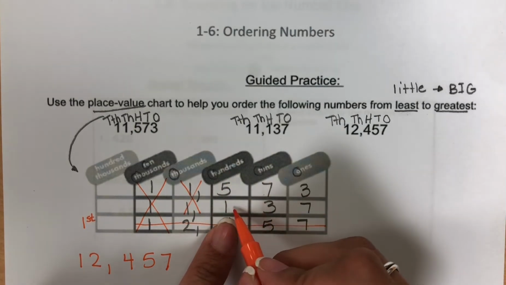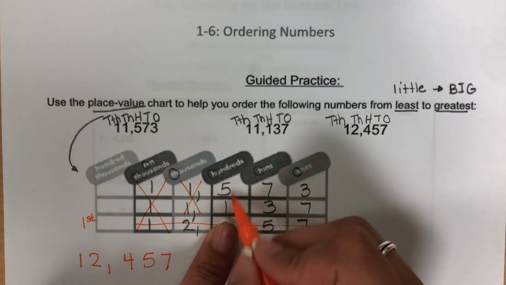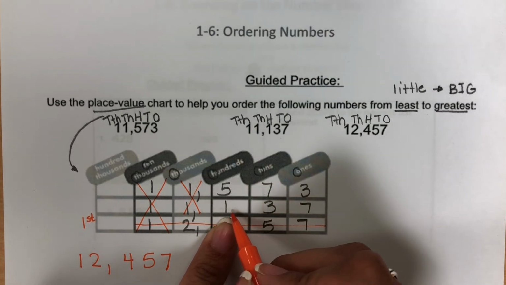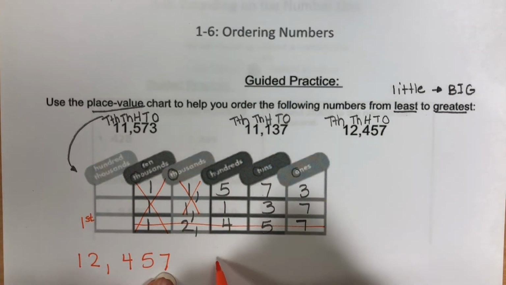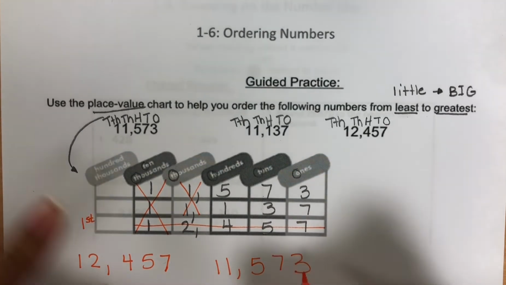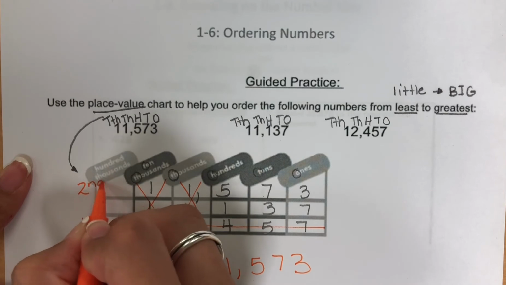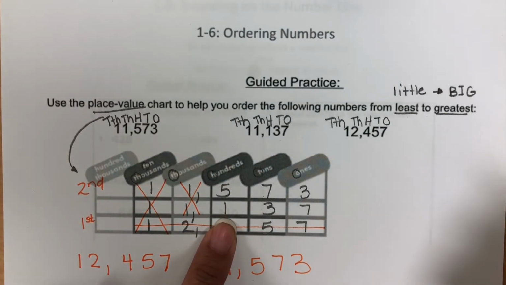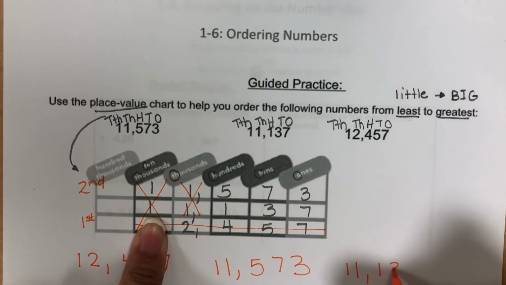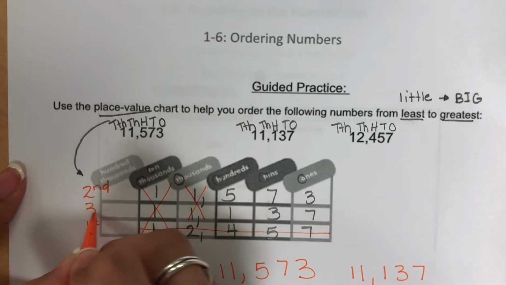I'm going to go on to the next greatest place value, which happens to be the hundreds place. 500 is greater than 100, so my next number needs to be 11,573, and I'm going to put a little second here. My last number needs to be 11,137, and that's in third place.